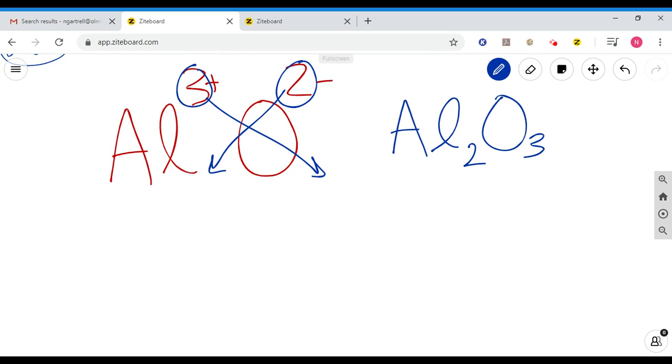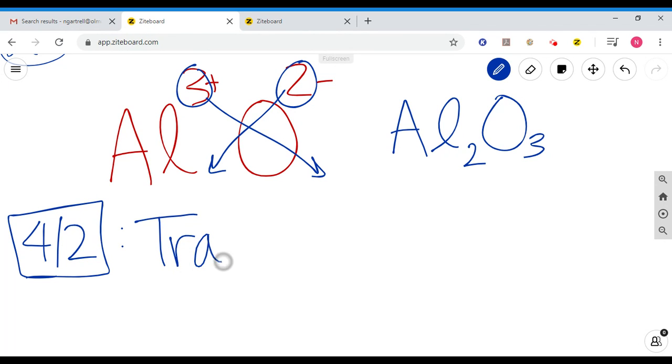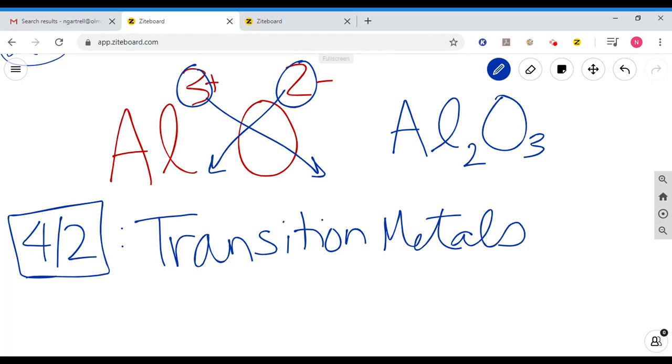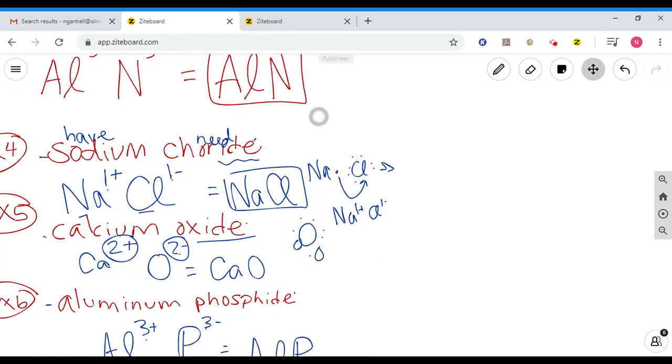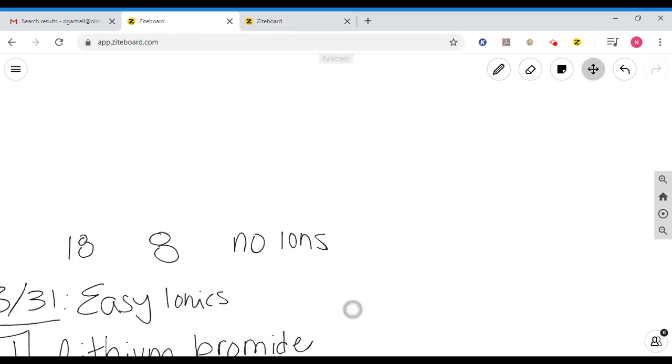Our lesson for today is 4.2. We're going to call this transition metals. Maybe you noticed that everything we've done has been in groups 1, 2, and 13, so we haven't really worked with that middle section, the transition metals. I'm trying to keep this all on the same Ziteboard in case I need to go back.